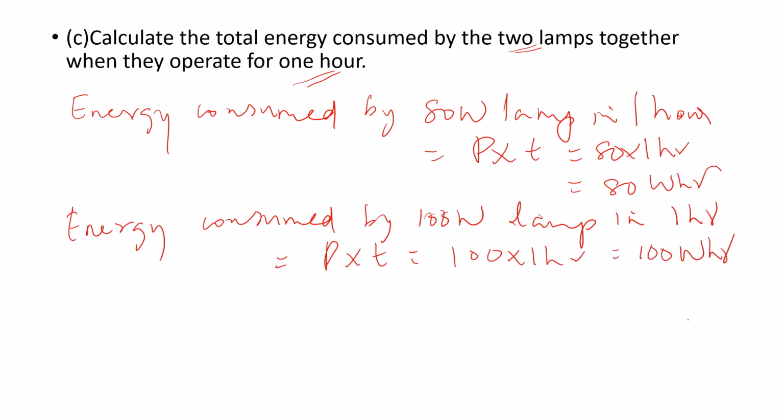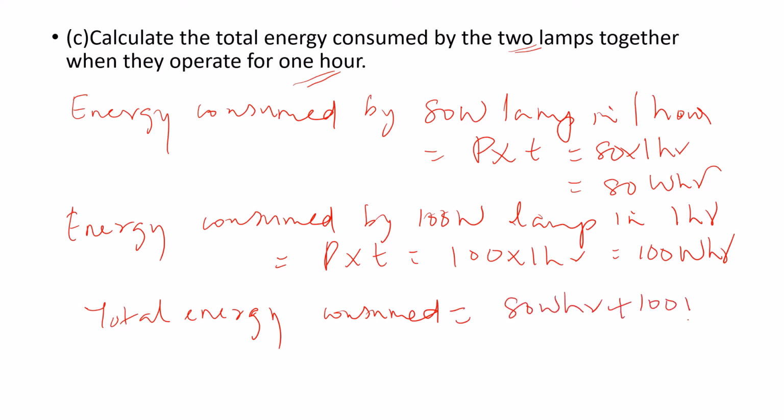And we have to find out the total energy consumed. So we can write total energy consumed is equal to, we have to add the two. So 80 watt hour plus 100 watt hour, and that is equal to 180 watt hour.